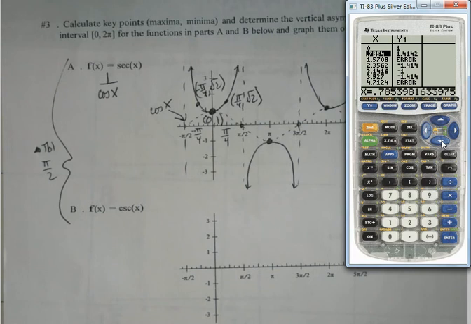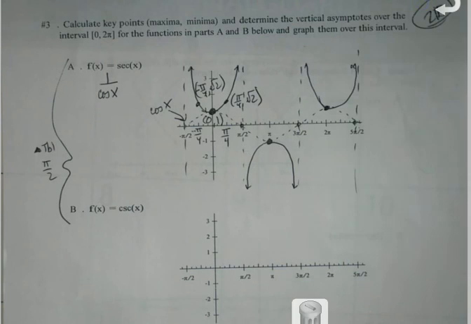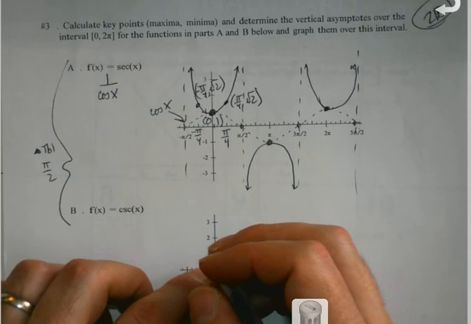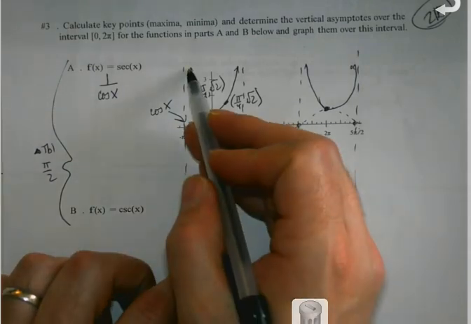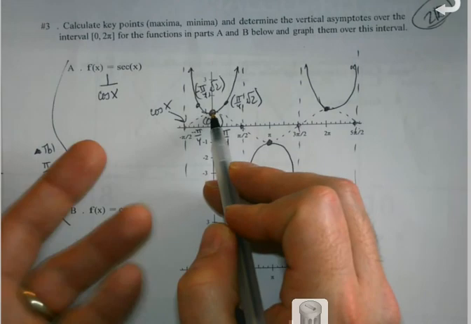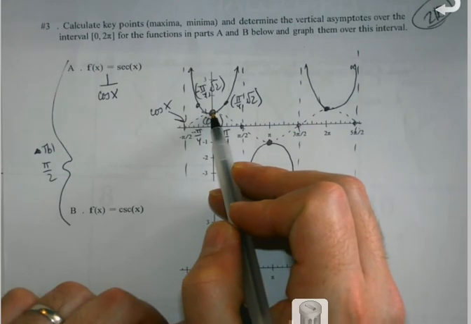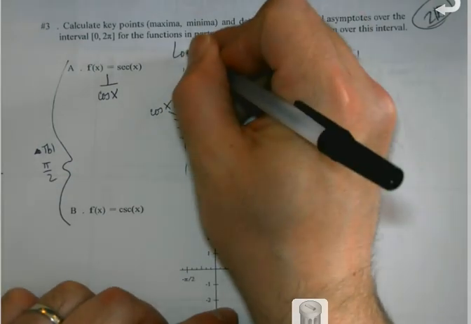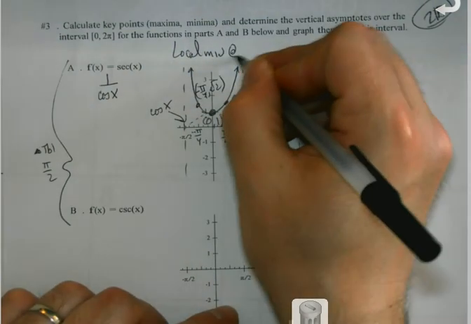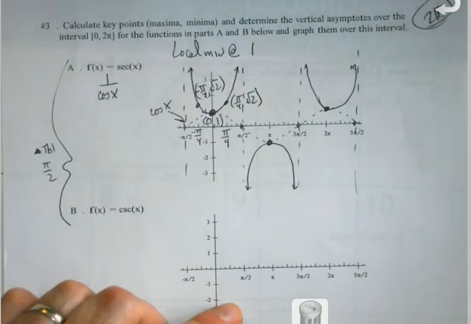And the one other thing you're going to see mentioned whenever you're dealing with secant and cosecant is what's called a local min and a local max. Basically all that's going to mean is, as I'm going through here, whenever I see one of my graphs change direction, for instance from going down to going up, what a minimum is, I'm going to have a local minimum for this particular problem at 1.